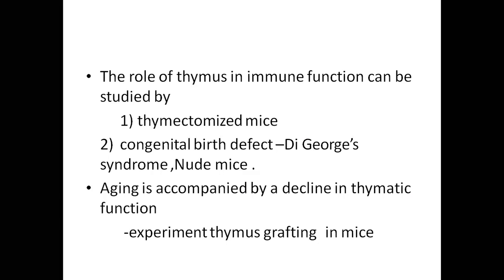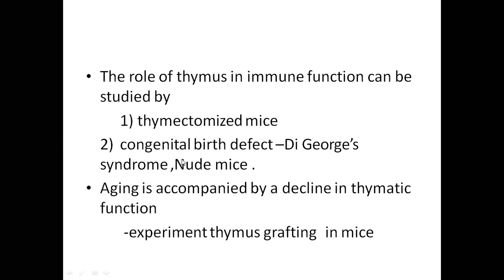The mice had no immunity, and when they had to face different kinds of infection, the mice were not able to protect themselves by their own immunity, because the thymus was not present. The T cells were not able to be formed in those mice. So that is how they studied.